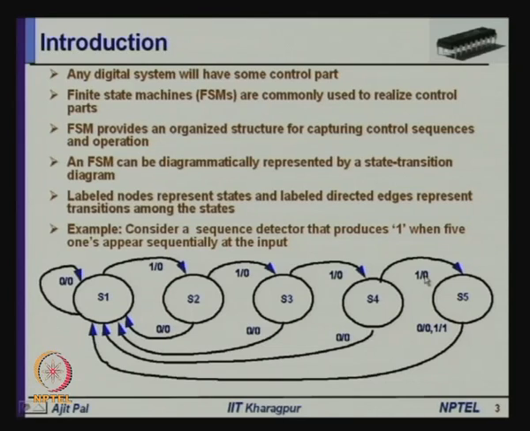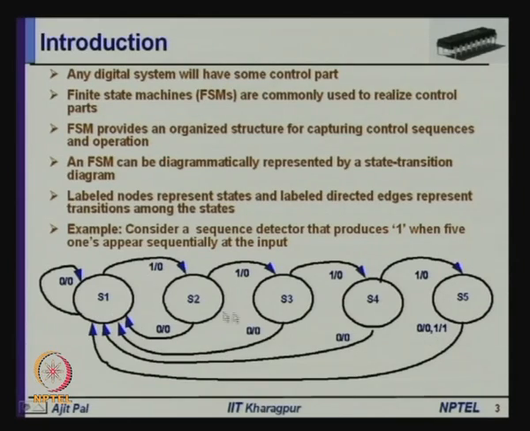Because not yet 5 ones have occurred in the sequence, if 0 comes, it again goes back to state S1. Finally, whenever it is in S5, if a 1 comes, we have already completed 5 ones: 1, 2, 3, 4 and 5. So, 5 ones have come, and it will go back to state S1 producing 1, or it will go back to S1 if the input is 0, producing 0.